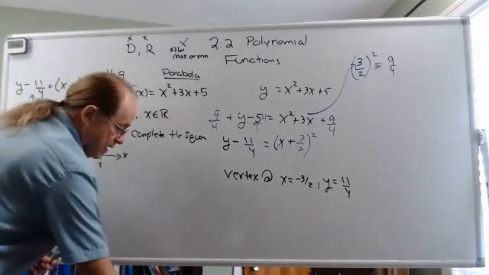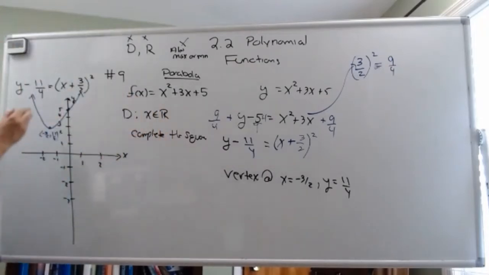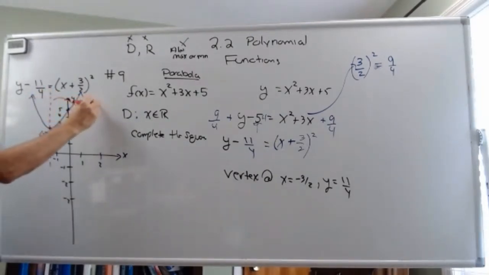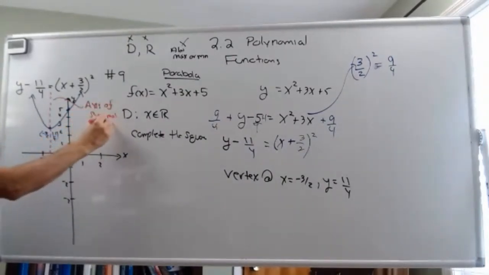This vertical line that passes through the vertex is my axis of symmetry, and that occurs at x is equal to negative 3/2.